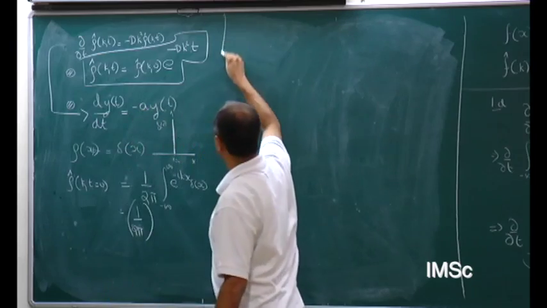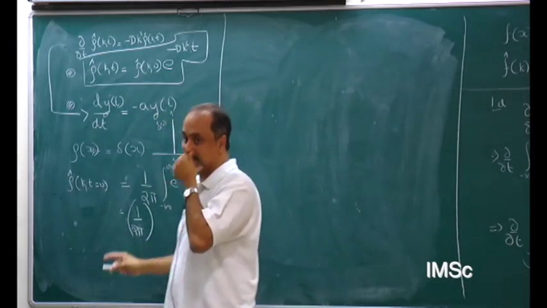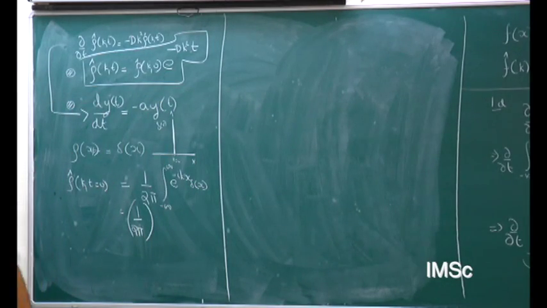Now we need to try and solve the second part of this, the Fourier transform rho hat of k comma t.